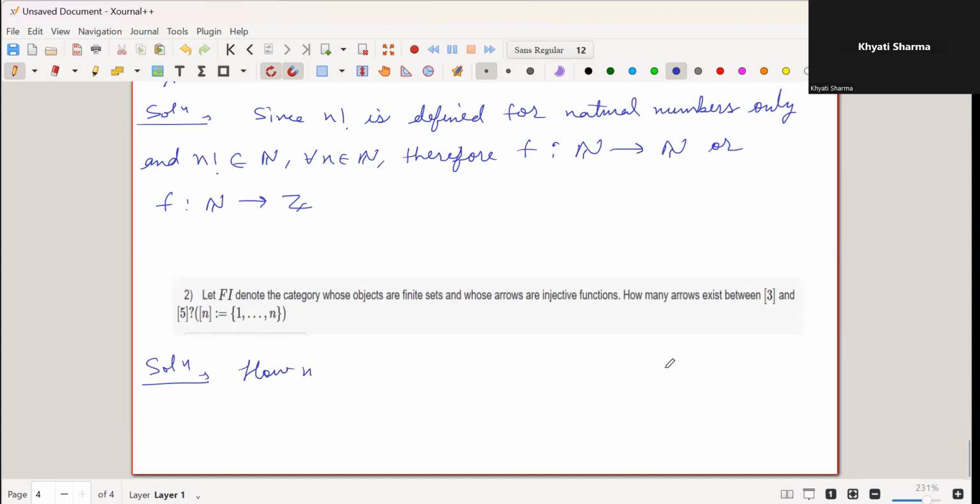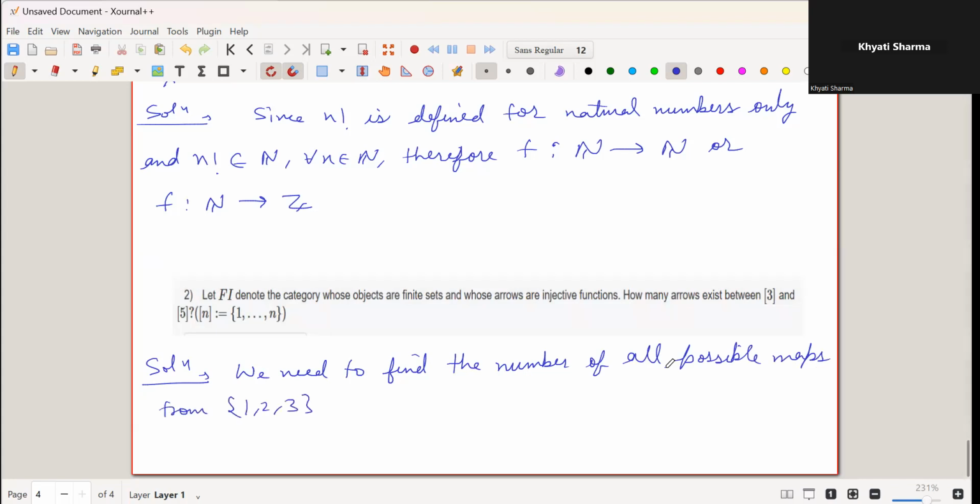So the question says, how many, we need to find the number of all possible maps from [3] to [5], because square bracket of 3 means 1 to 3, and square bracket of 5 means 1 2 3 4 5. So we need to find this number.